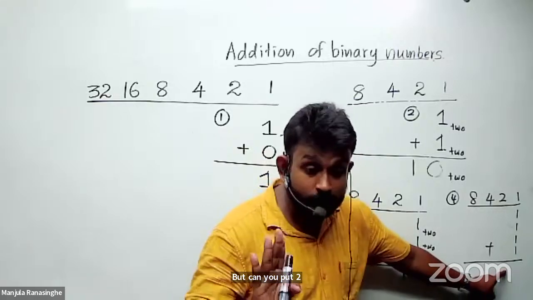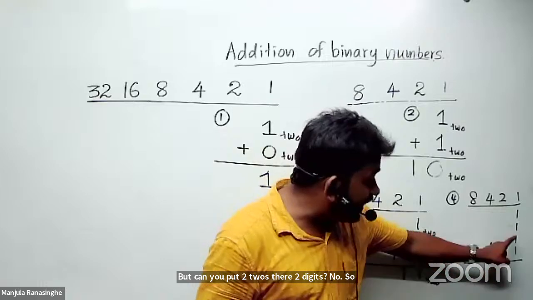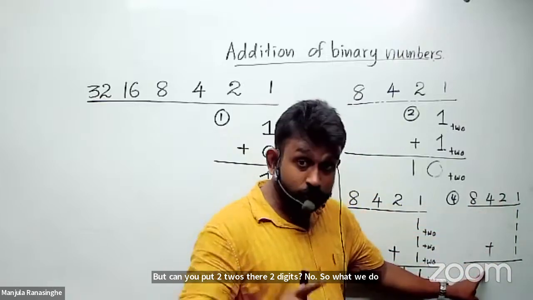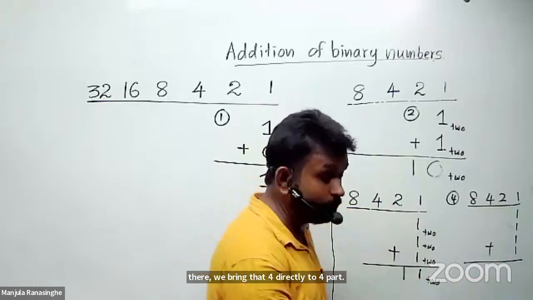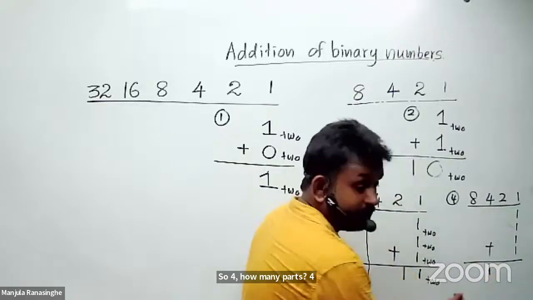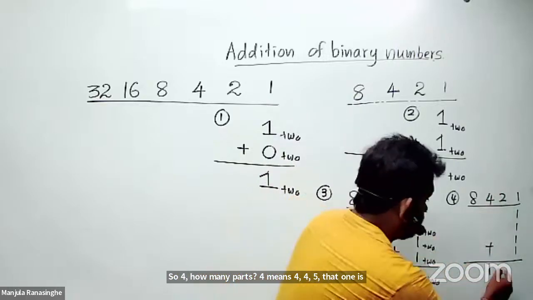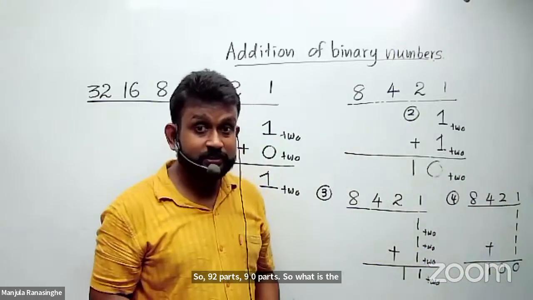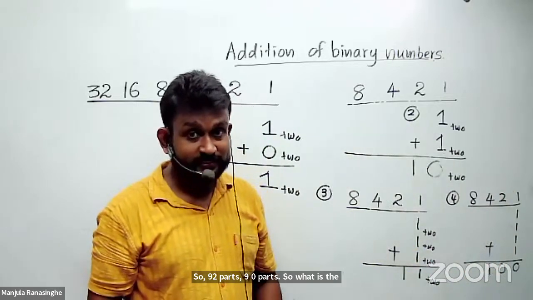Two digits? No. So what we do there, we bring that 4 directly to the 4 part. So 4 means the 4 part feels that 1 is coming. So no 2 parts, no 0 parts. So what is the answer? 1, 0, 0. Got it?